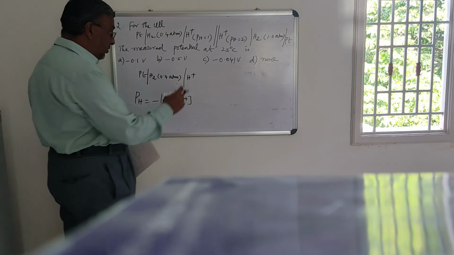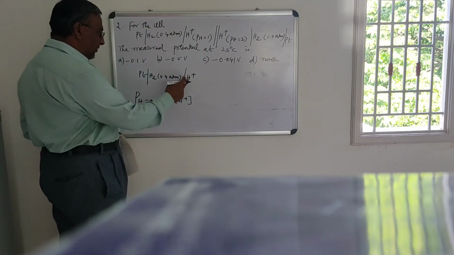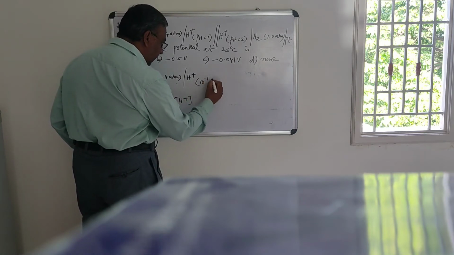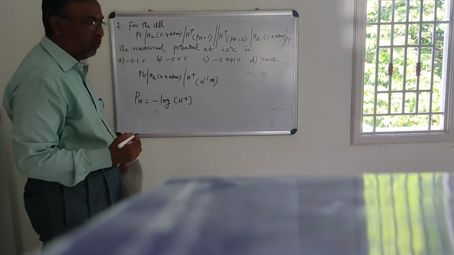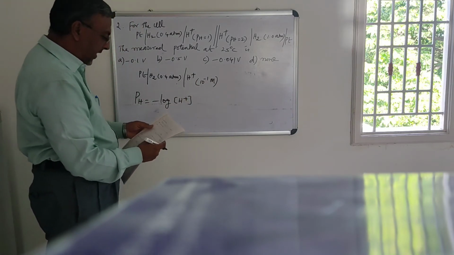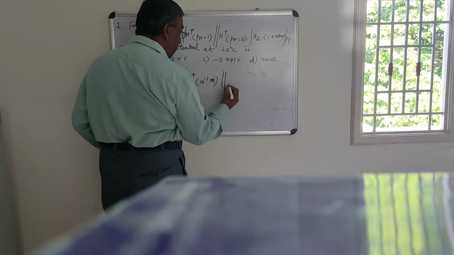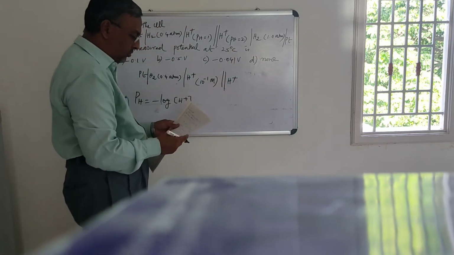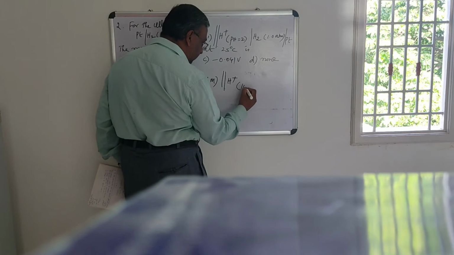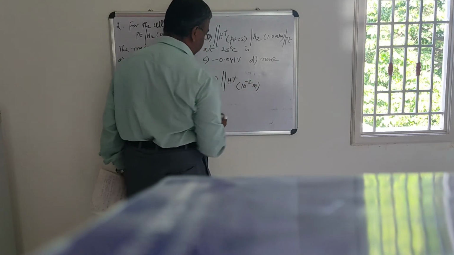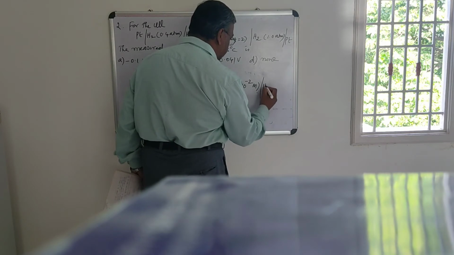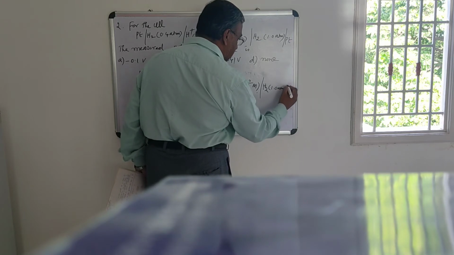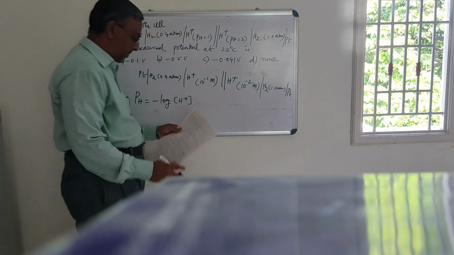If pH is equal to 1, the concentration of H plus ions will be 10 to the power of minus 1 M, or 0.1 M. Similarly, this H plus, whose pH is equal to 2, has concentration 10 to the power of minus 2 M, in contact with hydrogen of 1 atmospheric pressure and platinum.